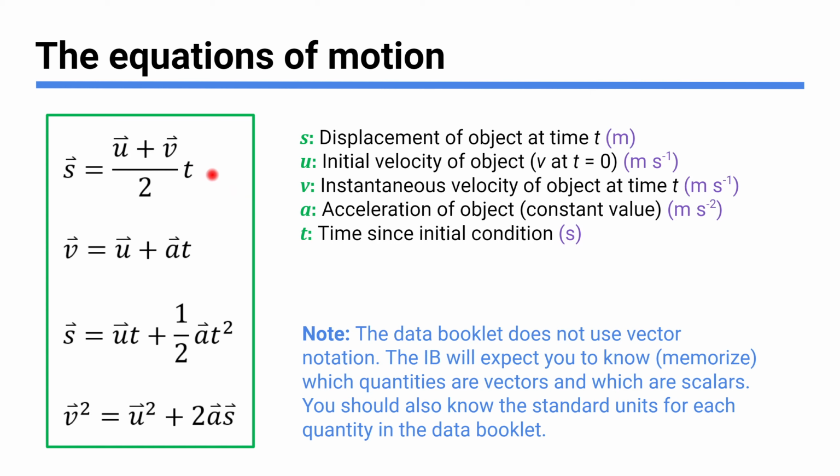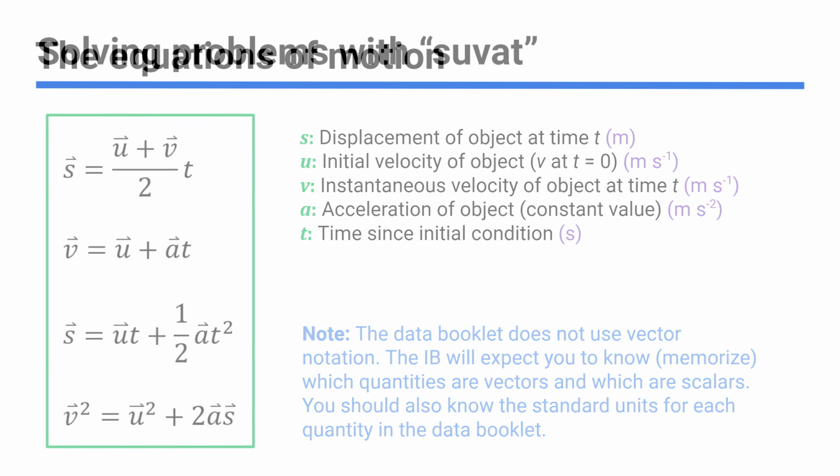So if you don't know or care about acceleration, you would probably use this equation. This equation has no s, so if you don't know or care about displacement, you would use this one. This equation has no v, so you would use that if you don't know v. And this one has no t, so you could use that if you don't know t. Of course, you could use any of these and do combinations and substitutions, and they'll all get you to the same place. But the idea is to pick the smart one. Okay.